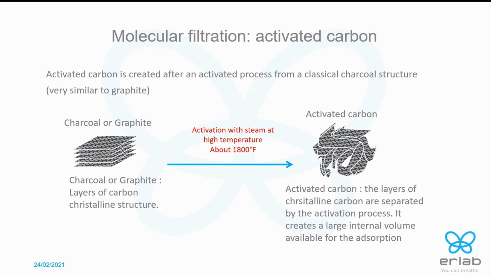And this process will reorganize the structure of the charcoal, of the graphite. So instead of having layers organized parallel to each other, it will be a complex network of layers, which will increase the capacity of adsorption. And so the carbon will be saturated way less quickly.